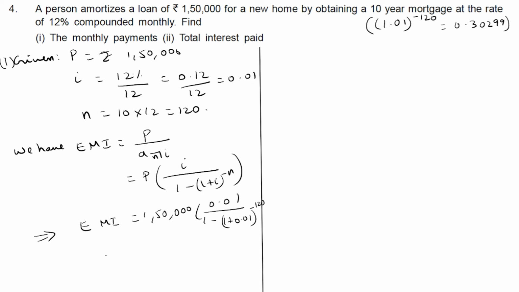This implies 1,50,000 into 0.01, or let us keep it as it is. It is 1,50,000 into 0.01 upon 1 minus 1.01 the whole raised to minus 120.